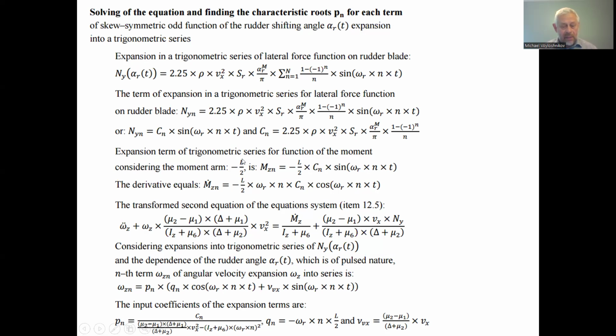And with this arm, from the expansion in a trigonometric series of the transverse force, we can have the term of the expansion of the rotating moment around the applied axis with this arm L divided by 2, minus.